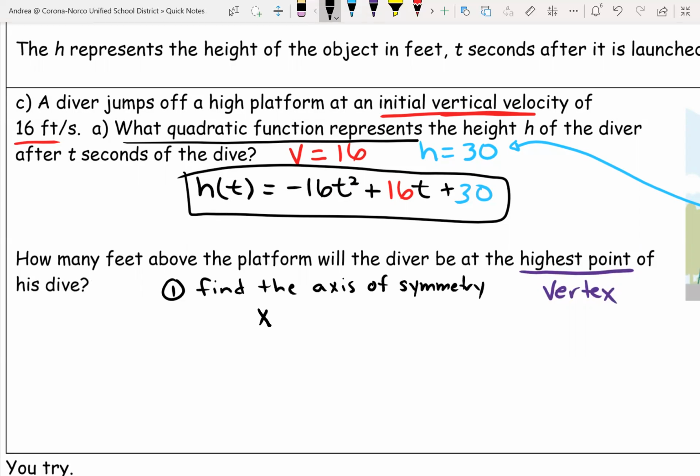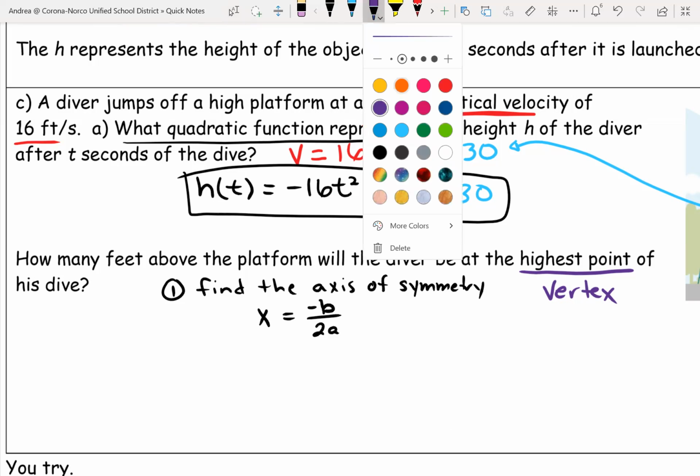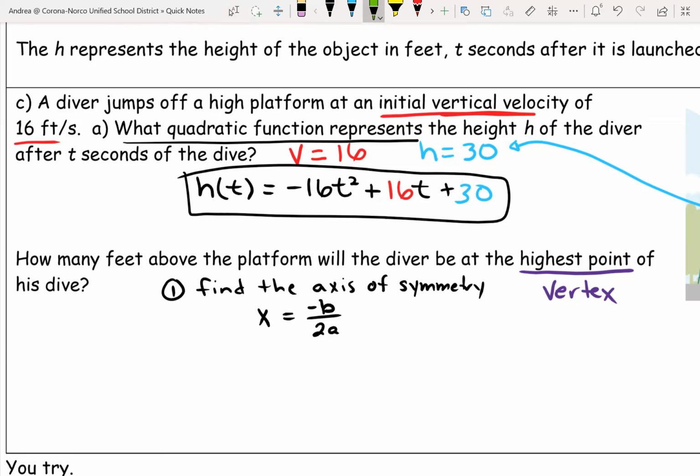And that is x equals negative b over 2a. Okay, the a value is negative 16.